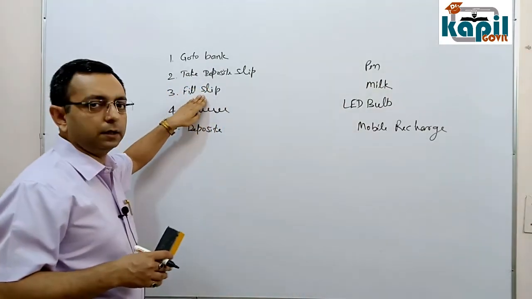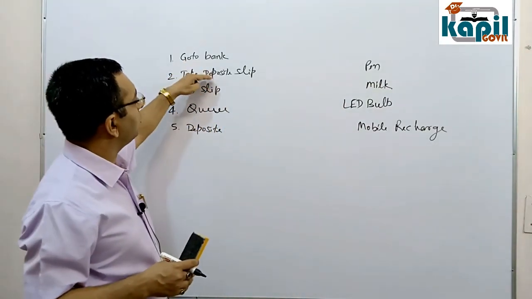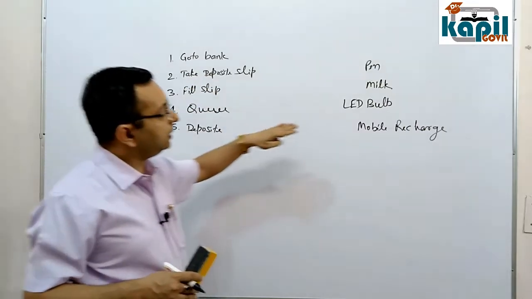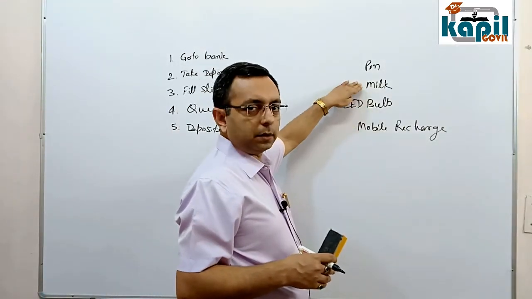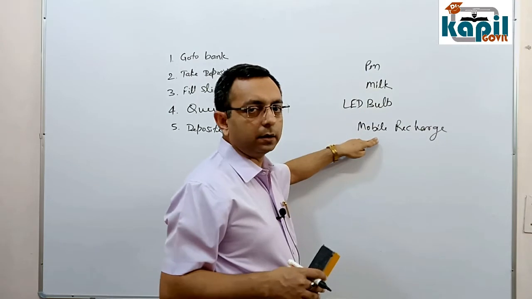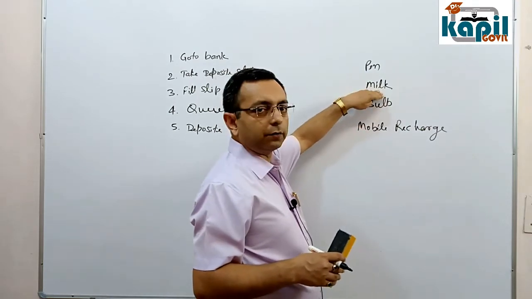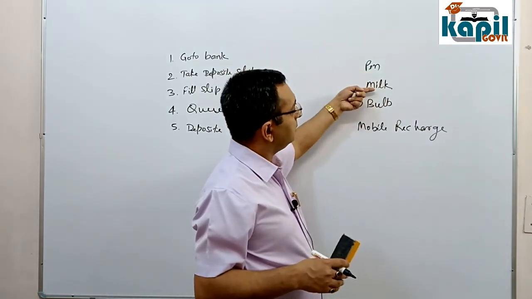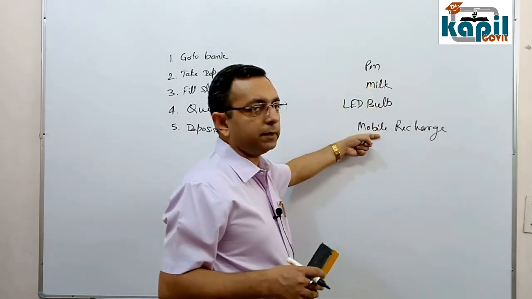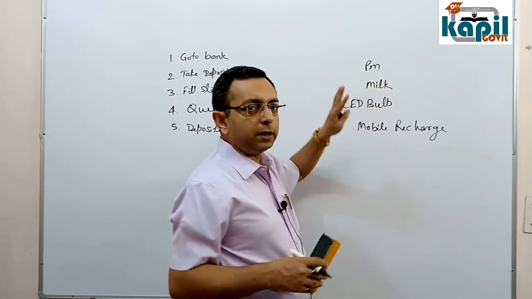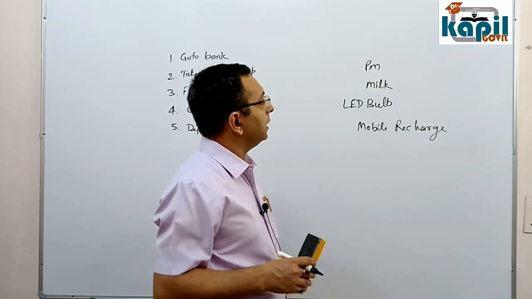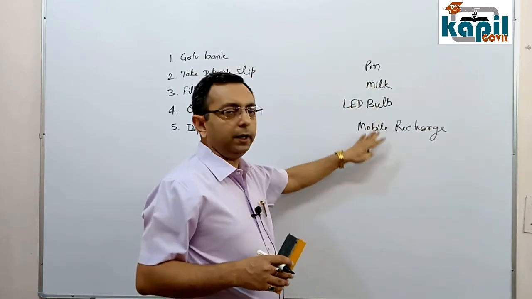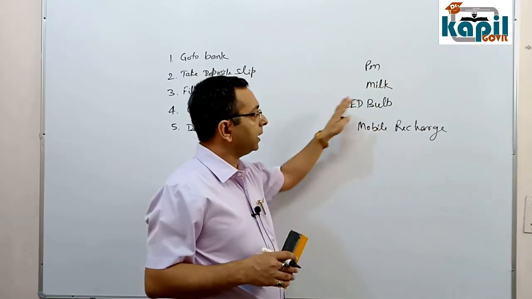This is a linear list. It means you have to go step by step, and here you can skip any step. You can start from here, you can start from here, it will be the first step, and it will be the second step, it will be the third step. So it's your choice. It means in a non-linear list, you are free to select any item or any step.